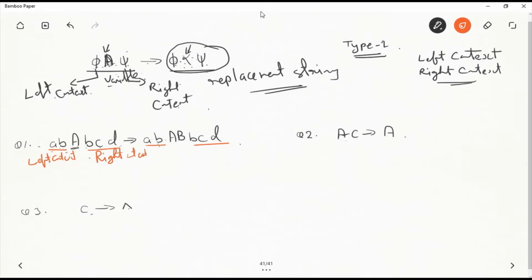What is alpha? Alpha is AB. What about this production? A is left context.